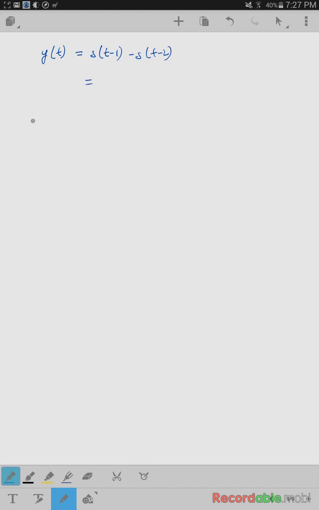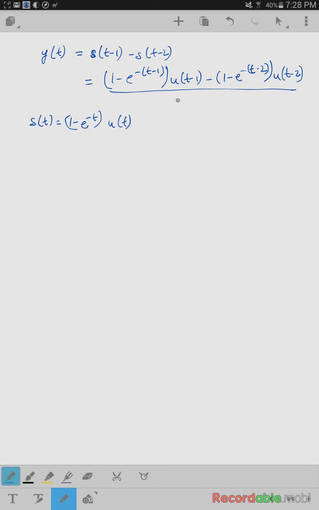Because s(t), remember, is (1 minus e^(-t)) times u(t), it's simply (1 minus e^(-(t-1))) times u(t-1), where I replace every t here by t-1, minus (1 minus e^(-(t-2))) times u(t-2).